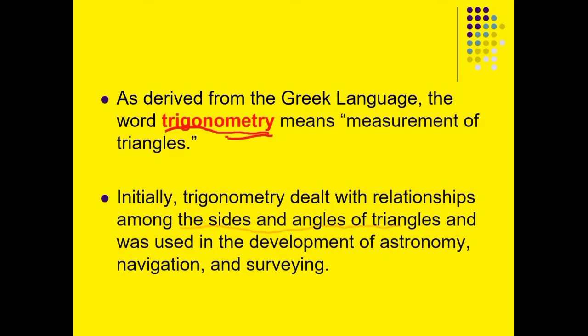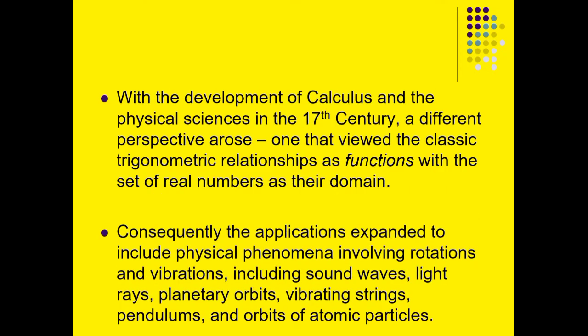It is used in the fields of astronomy, navigation, and surveying. It developed from calculus way back in the 17th century through the physical sciences. A different perspective arose in that century, one that viewed the classic trigonometric relationships as functions with a set of real numbers as their domain.